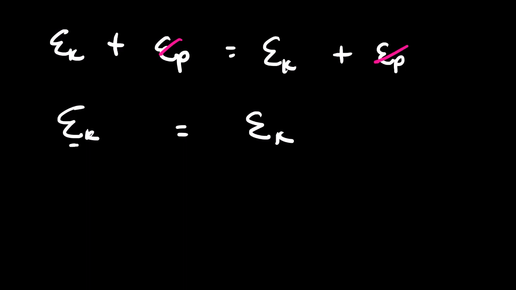Now it's not EK of the bullet or EK of the block, but it's EK of the bullet block system. So we have to expand this to say the EK of the bullet, we can even put it inside the brackets, plus the EK of the block.